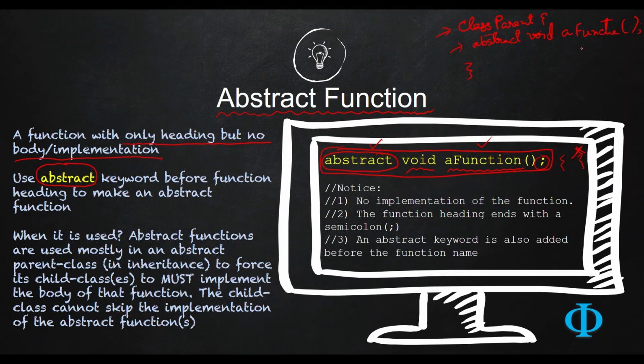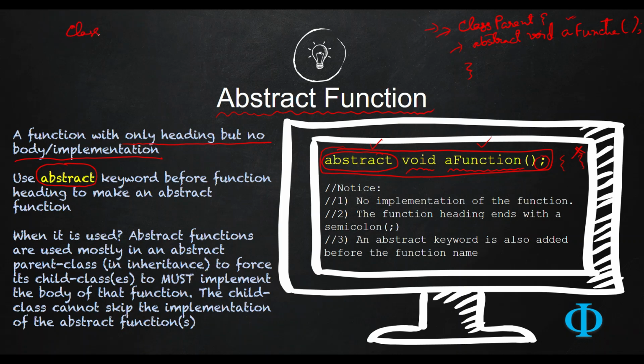Whenever you do it inside the parent, then you are automatically enforcing the re-implementation of this function a in its child. What does that mean? Let's say now there is a child class which is actually inheriting this parent. So let me write it down over here.